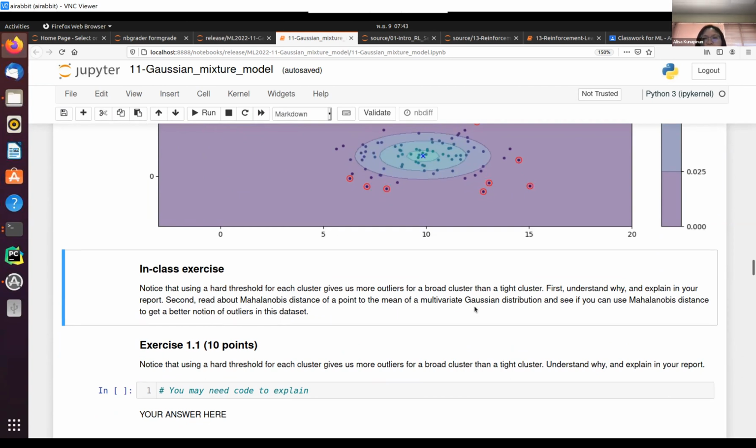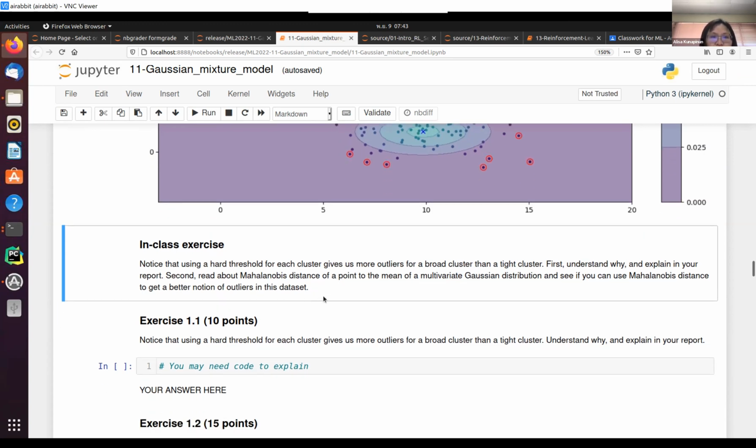So for the in-class exercise, understand why and explain about the outlier class for each cluster. More outliers are given for the broad cluster than the tight cluster.